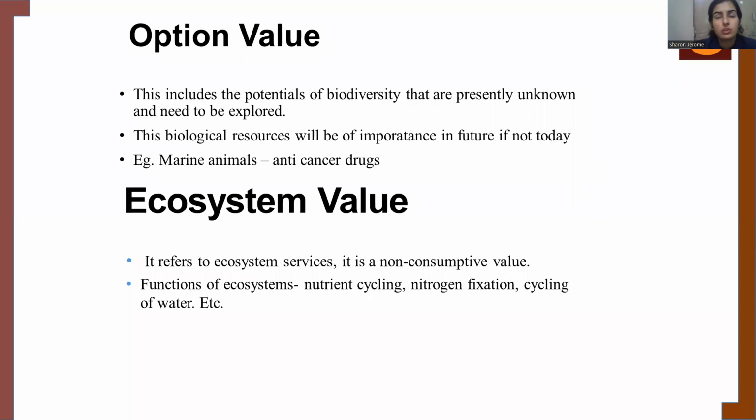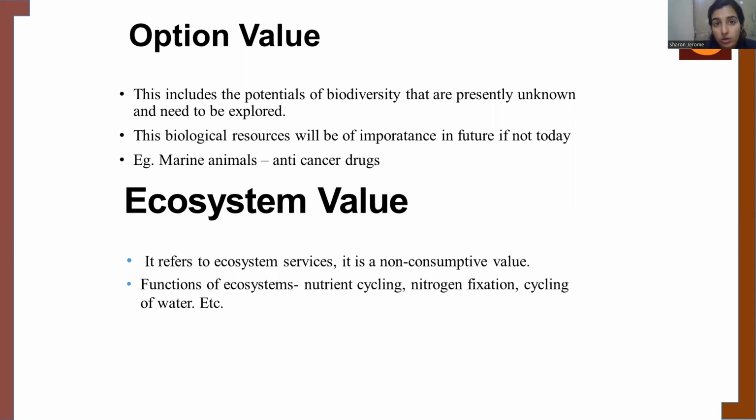Now when we talk about the optional values of biodiversity, they suggest that some day some species may prove to be a miracle. That means there are still species to be discovered.